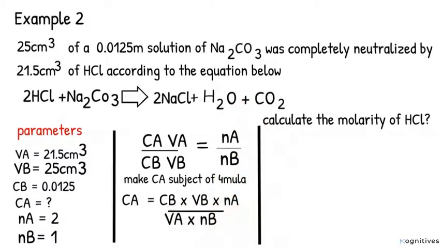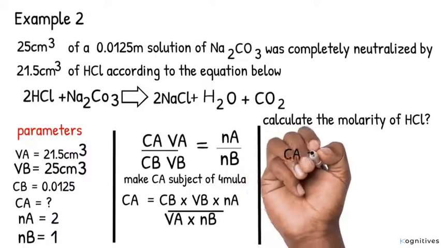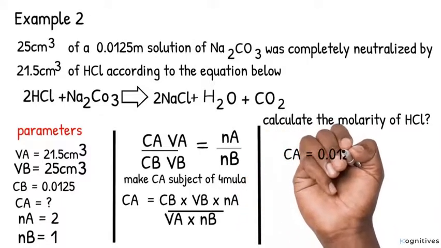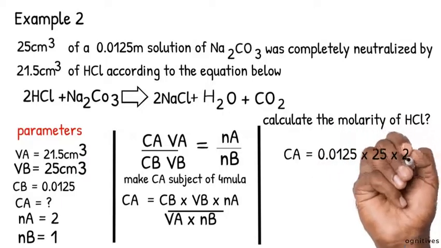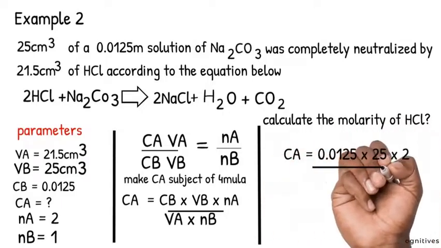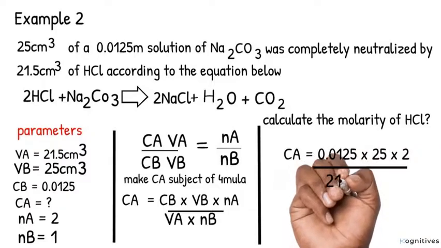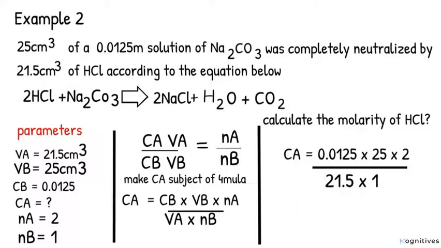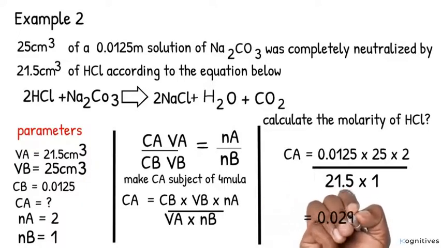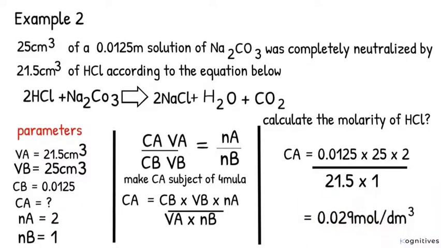So inputting our parameters, concentration of acid is equal to 0.0125 times 25 times 2 divided by 21.5 times the number of moles of base, which is 1. Solving mathematically, we arrive at the concentration of the acid being equal to 0.029 moles per dm cube.